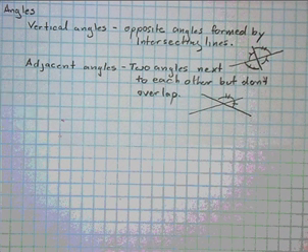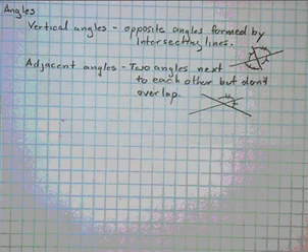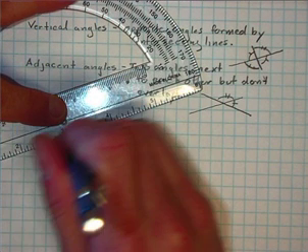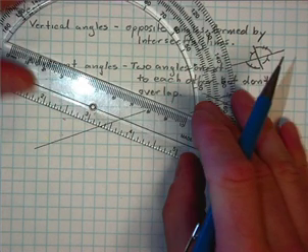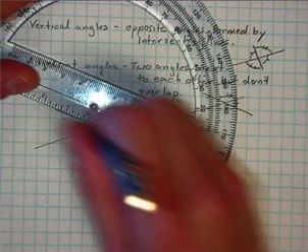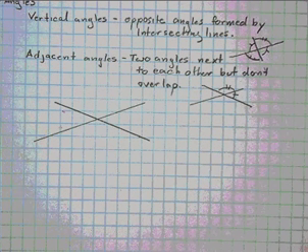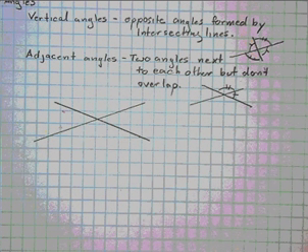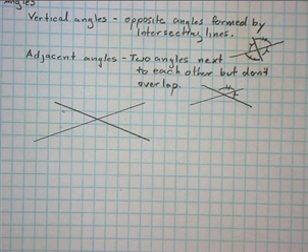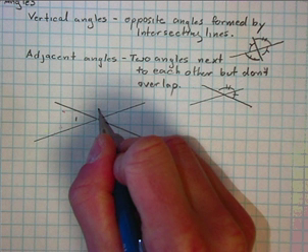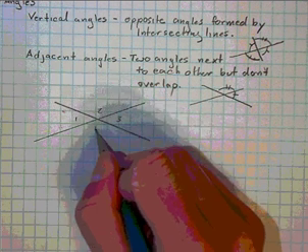All right, let's create a pair of intersecting lines. So what I want you to do is draw two lines that intersect. Completely don't care how you draw them intersecting. They have to actually cross each other. And then I want you to label them 1, 2, 3, and 4.